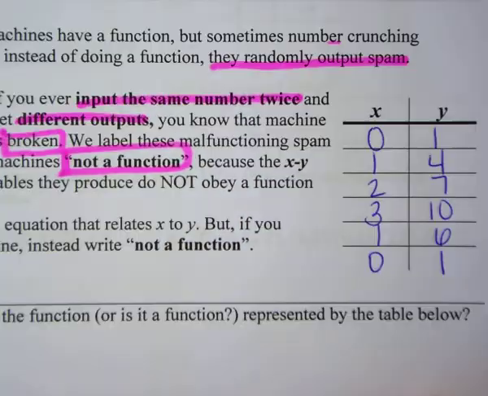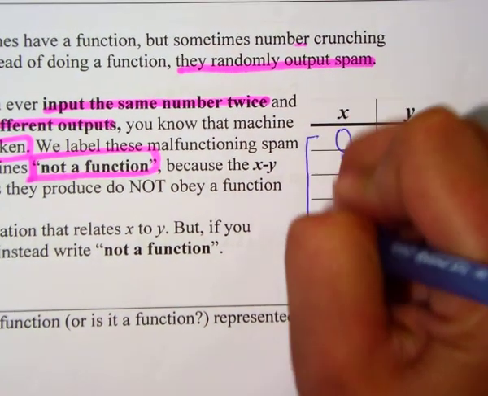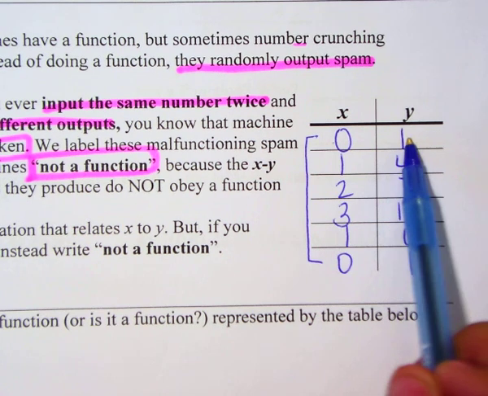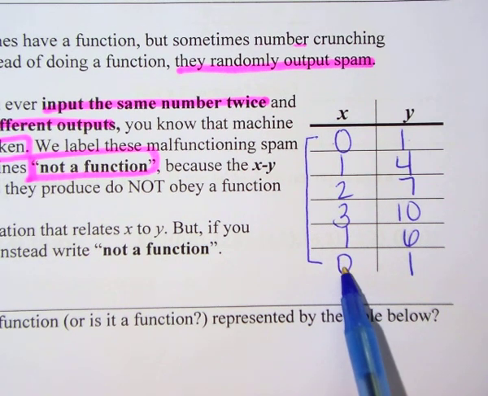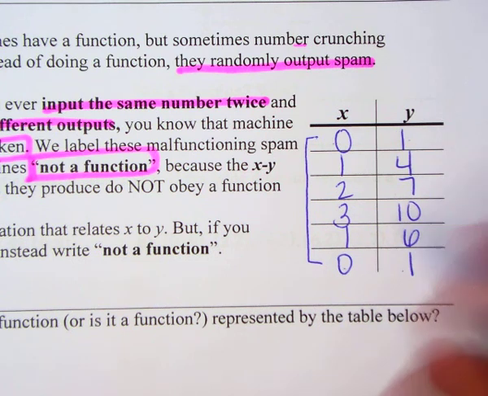So we're looking at this and we want to know, is this a function? The fact that I put 0 into the machine and 1 comes out. If I were to put 0 into the machine at a different time, you'd still expect 1 to come out because it looks like this machine was just adding 1. Okay, so this is okay.